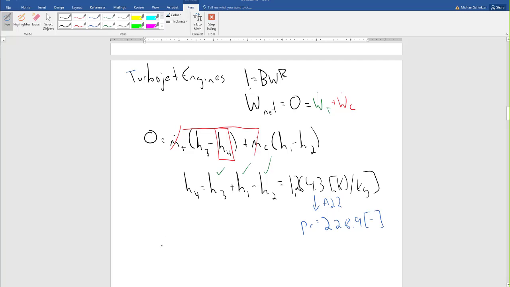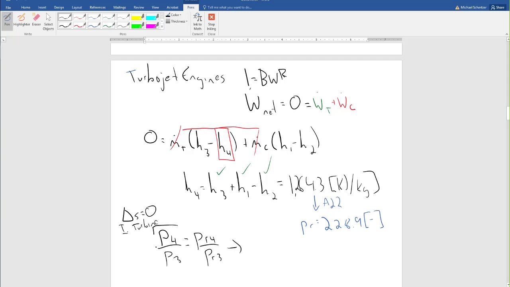So instead, what we will do is we'll find, because this is delta S is equal to 0 across the turbine, at least the ideal version of the turbine, which is all we have here. So this is going to be P4 over P3 is going to be equal to PR4 over PR3.